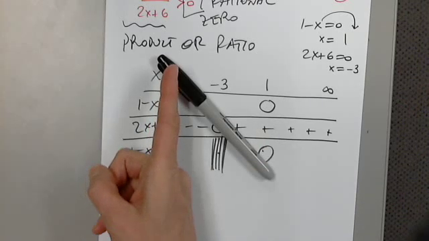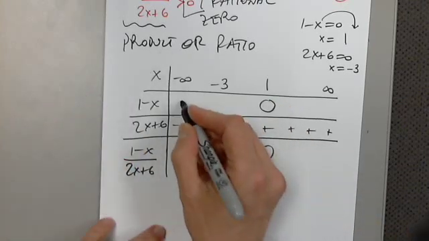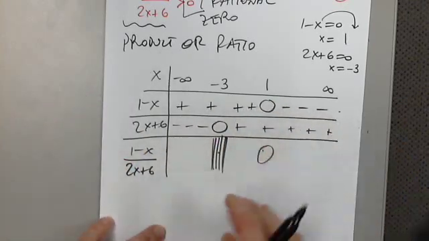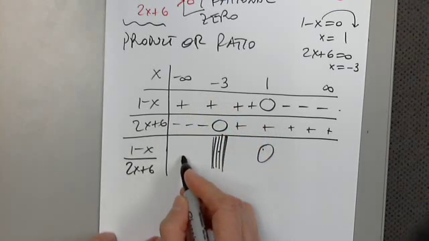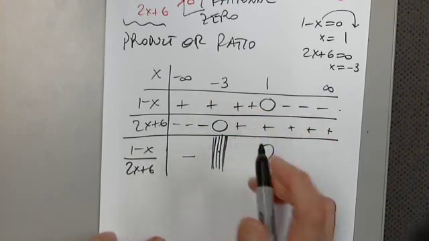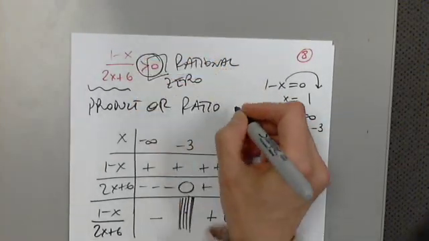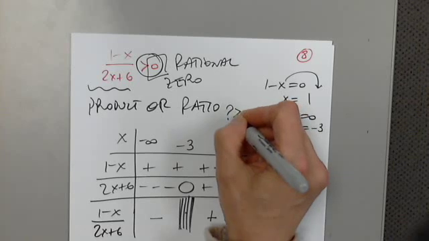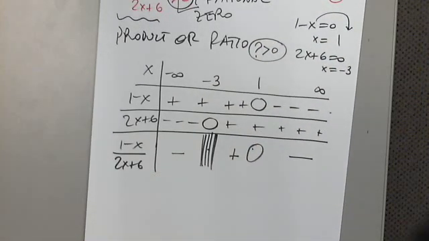So it's coming from positive, crossing the x-axis to negative. Very good. When I divide a positive by a negative, I get negative, when I divide two positives, positive, and only now I'm asking myself, what do I want? Which sign is greater than 0? That's the one I'm going to pick.